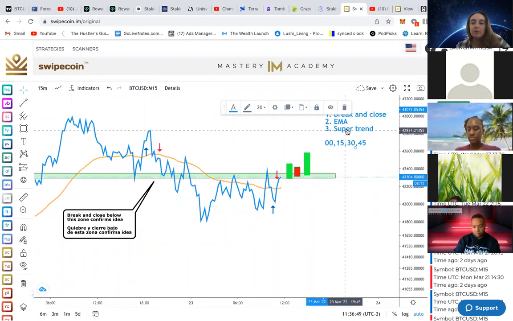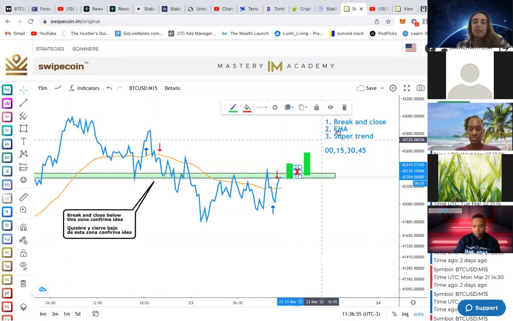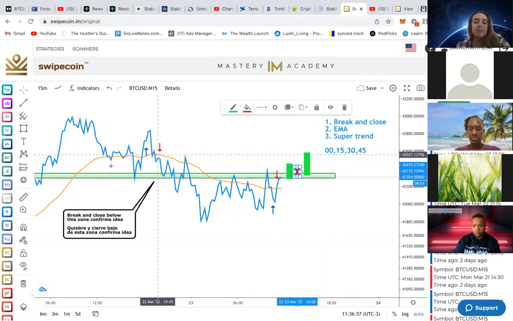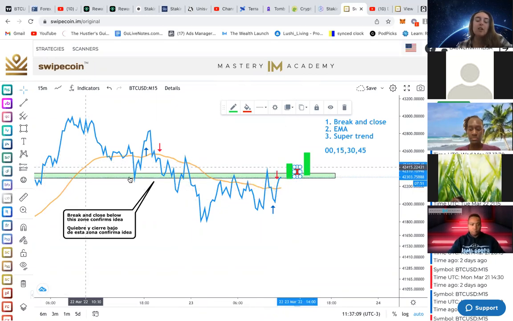These are the rules that you need, right? So the break and close, this is the first rule that we've just gone through right here. The second rule is the EMA. If price is above the EMA, you are looking for buys, right? That is a confirmation for your buy if the price is above it. This EMA is literally just the average of the last 50 candles.